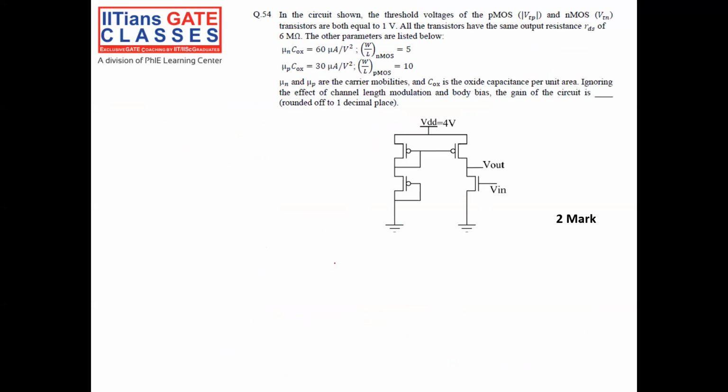In the next question, what it is asking: in the circuit shown, the threshold voltages of the PMOS, VTP, and the NMOS, VTN, are equal to 1 volt in magnitude.